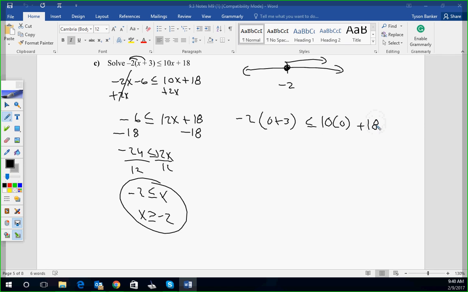So 0 plus 3 is 3, times negative 2 is negative 6. 10 times 0 is 0. 18 is 18. Negative 6 is smaller than 18.